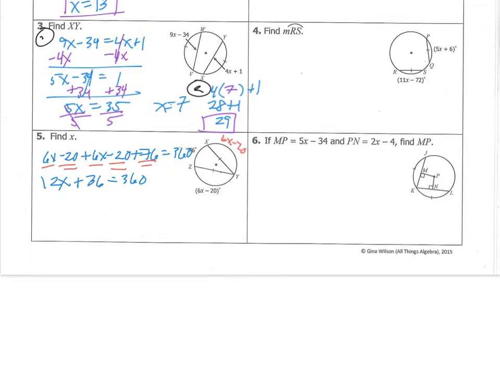What do you get? 324. So I get 12x equals 324. Divide by 12. I get 27. Does that answer the question? Yeah. That one does.